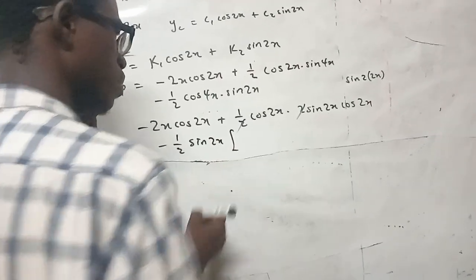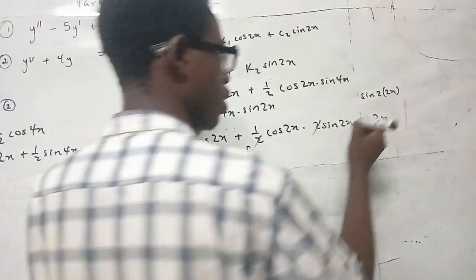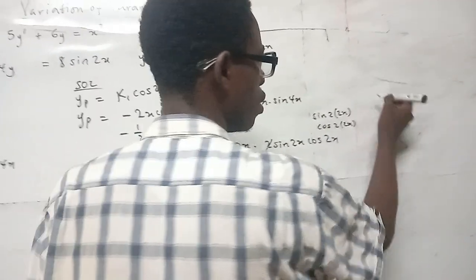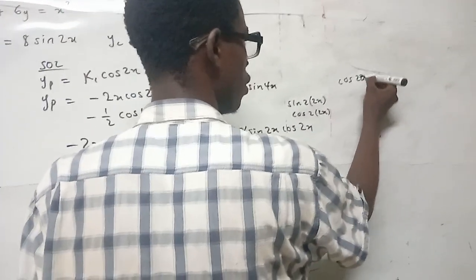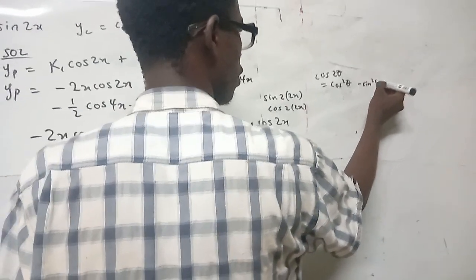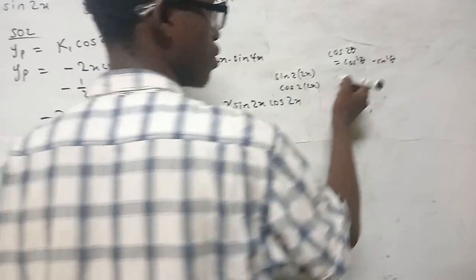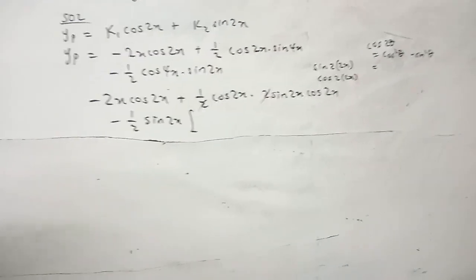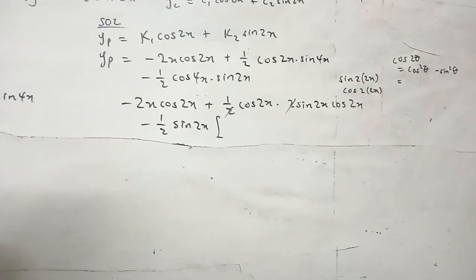Now, cos 4x is the same thing as cos 2 into bracket 2x. Which means don't forget, cos 2 theta equals to cos square theta minus sine squared theta.